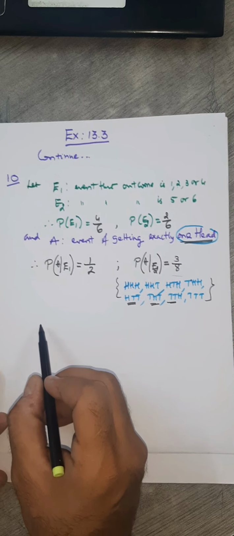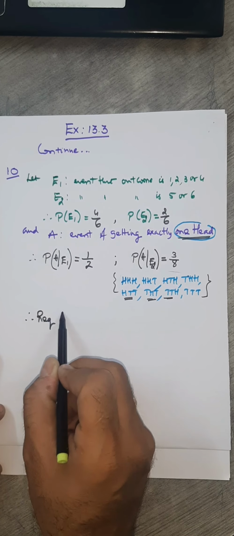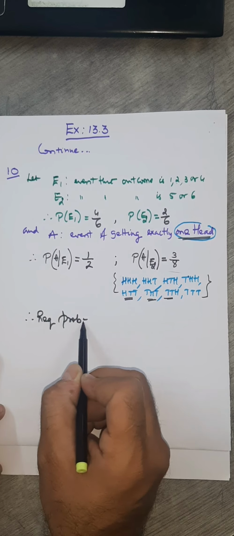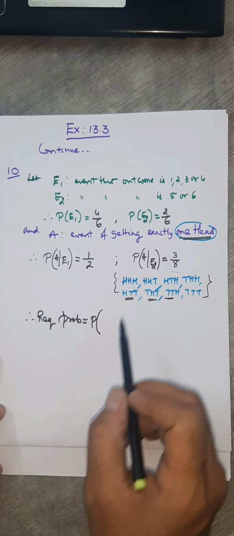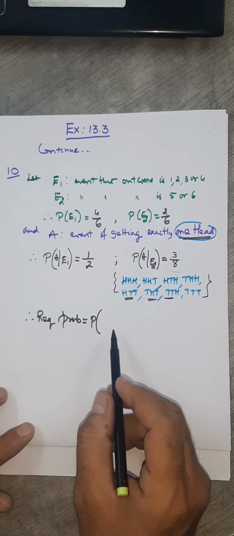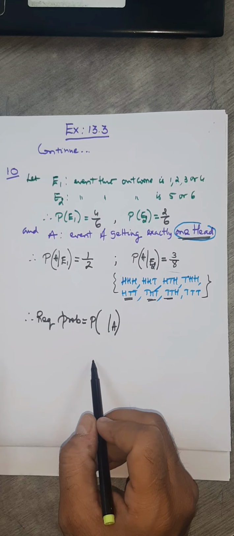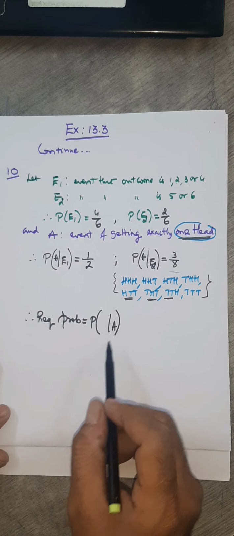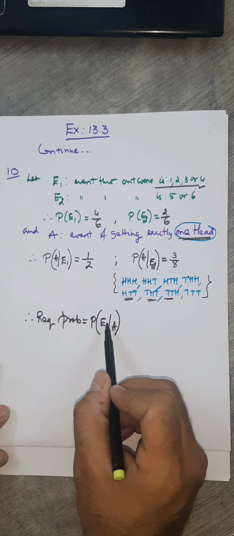So now let's read the question for the required probability. Event A has already occurred. She has already obtained exactly 1 head. Then what is the probability that she threw 1, 2, 3 or 4? That is the probability of occurrence of E1.